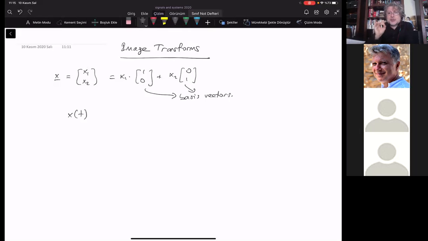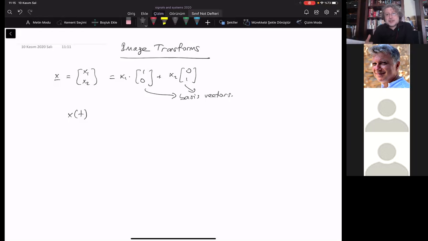When I write x of t and draw it or write it like this, I immediately make the implicit assumption that I'm using a basis system, and that basis system corresponds to the time basis, consisting of impulses at different times.